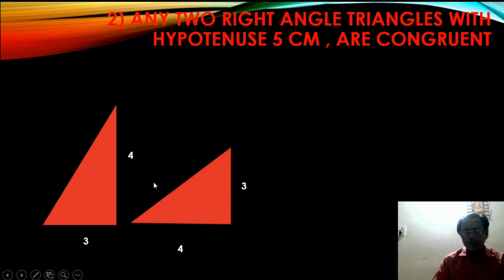Can you say these two triangles are congruent? The same hypotenuse, but no. Why? Because their corresponding sides, here 3 and here 4, here 4 and here 3, are not equal. Irrespective of the triangle, the angles may be equal, but here their corresponding sides are not equal. So that's why the statement is false.